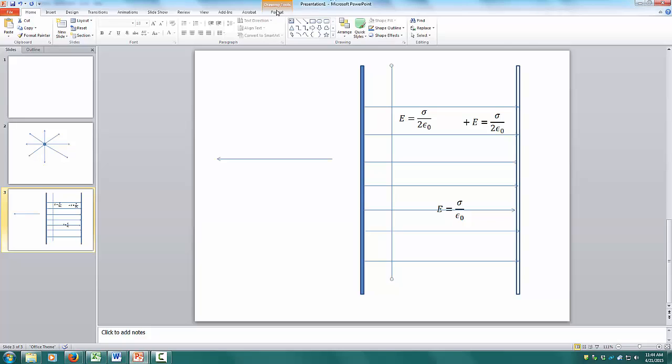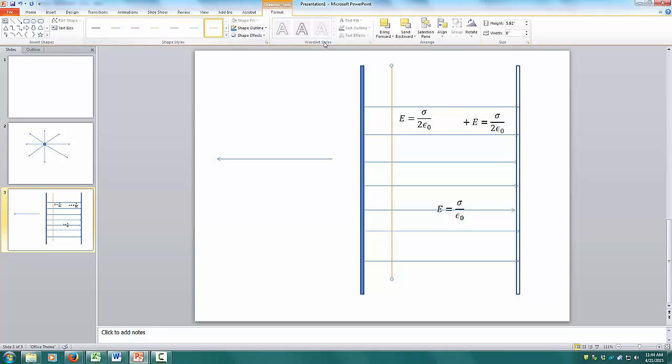In this case, let me change the color, where each of these lines represents a different value of potential in this field. All right, so that's equipotential, of course.